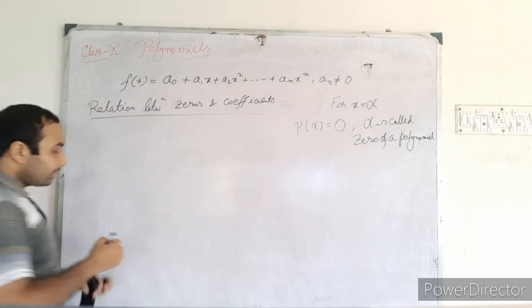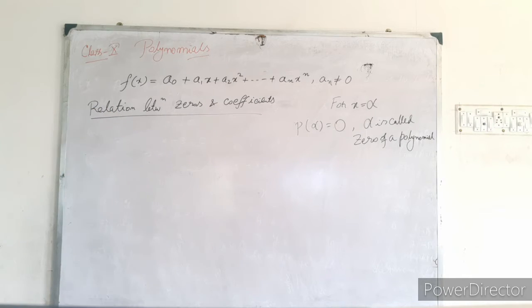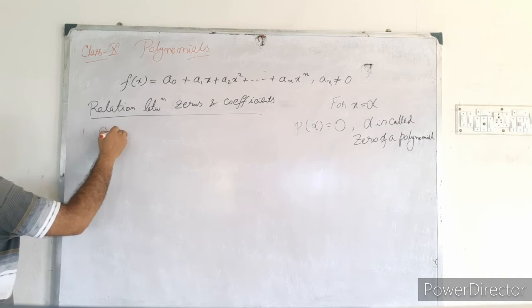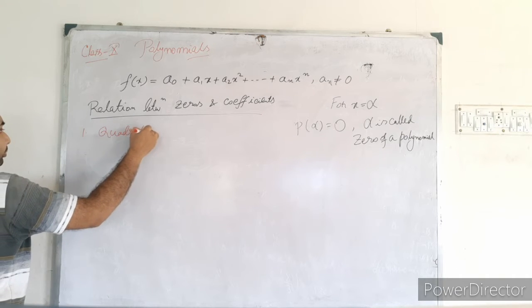Now two parts are there. Number one, for quadratic polynomial.